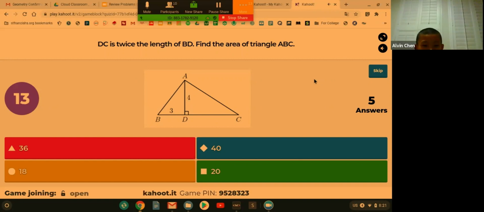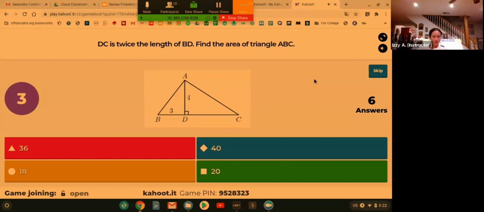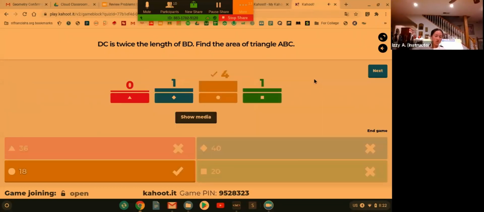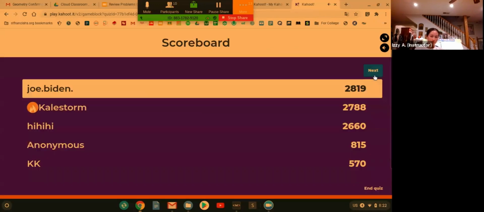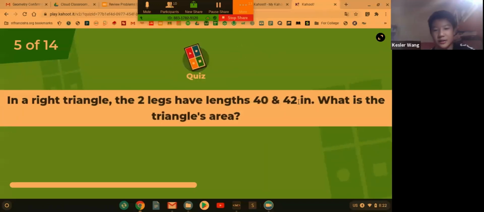Whoever gets a question wrong can be grounded for 2. Stop. DC is twice the length of BD. Find the area of triangle ABC. In the right triangle, the two legs have a length of 40 and 42 inches.